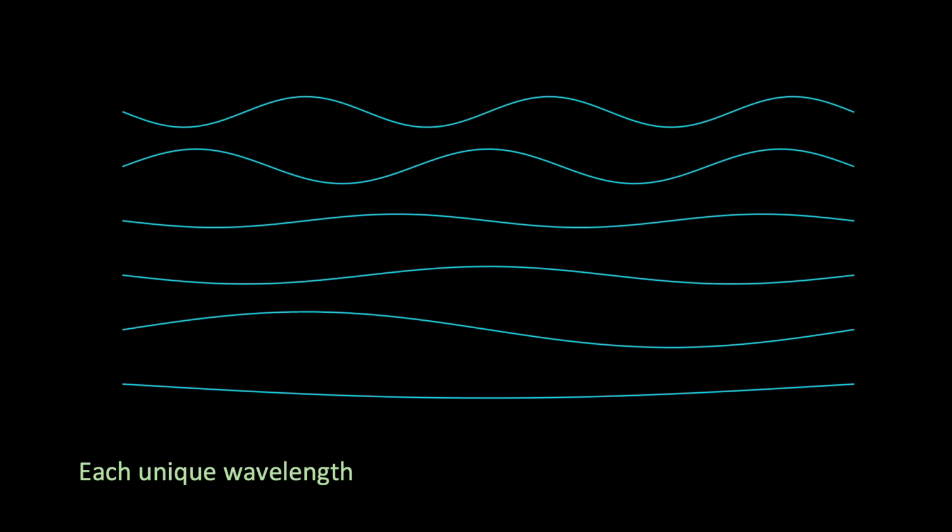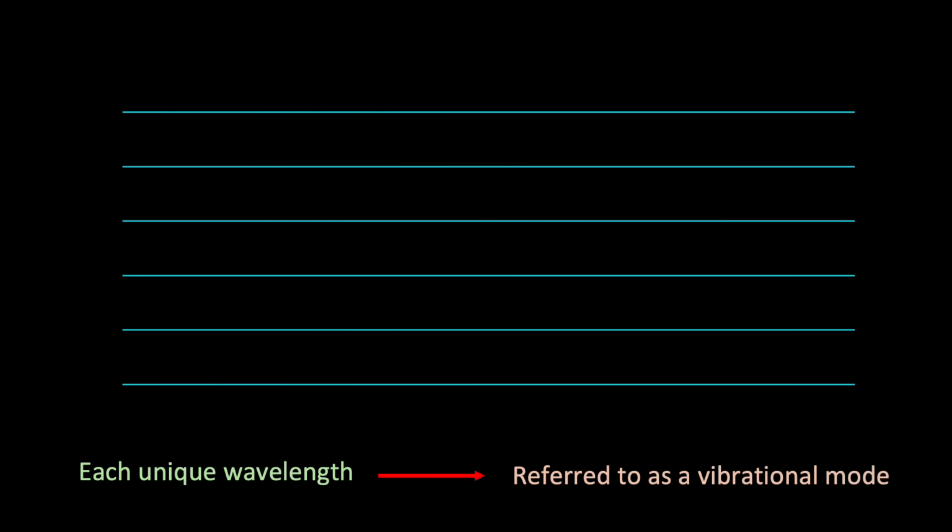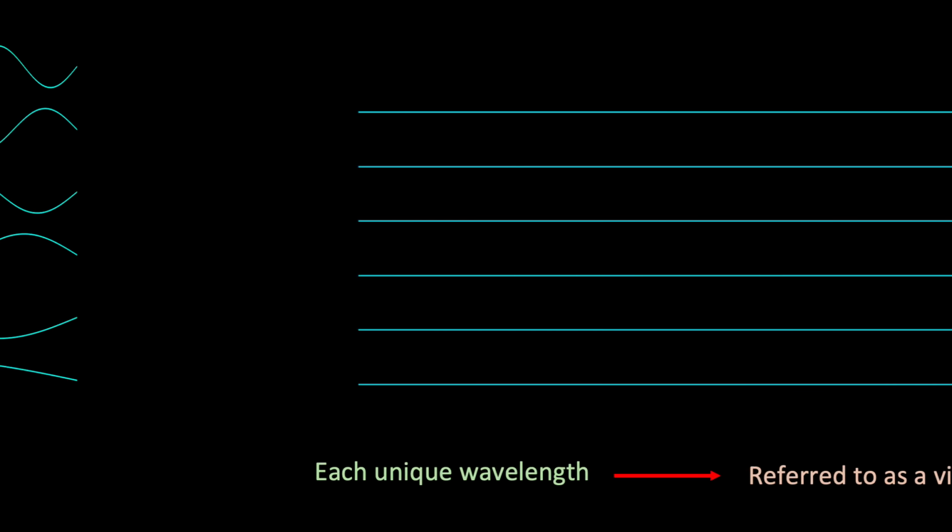For simplicity, let's imagine that we fix both ends of the rope and then allow the rope to oscillate. In this case, only certain standing wave patterns are allowed. The condition for a standing wave is that only an integer number of half wavelengths can fit between the fixed ends, and each unique wavelength is referred to as a vibrational mode of the system.